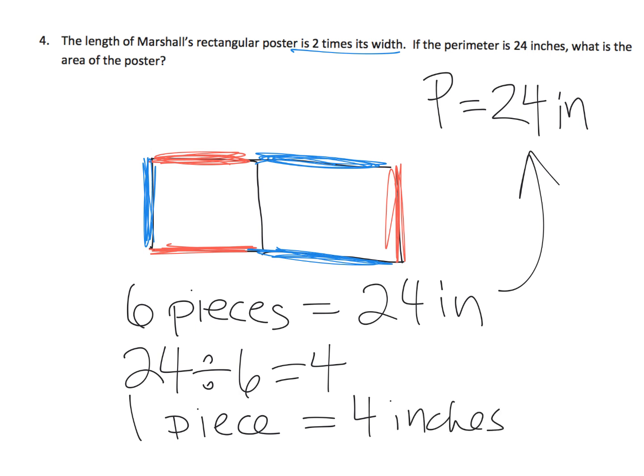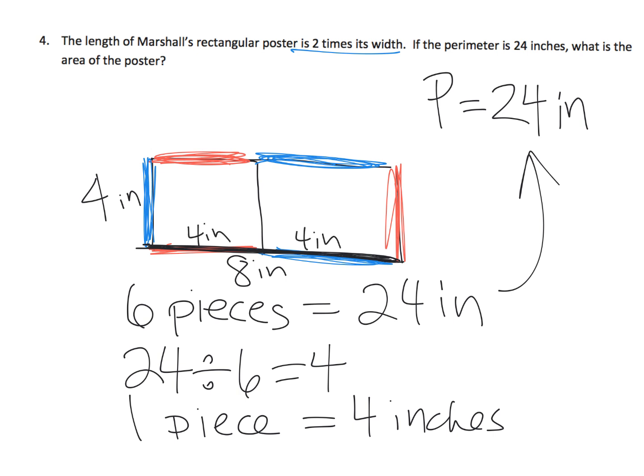So what is the area of the poster? Well, that tells us that this is 4 inches, and that tells us this big, huge length right here is equal to 8. How did I get 8? Well, that's because 4 inches plus 4 inches is 8.